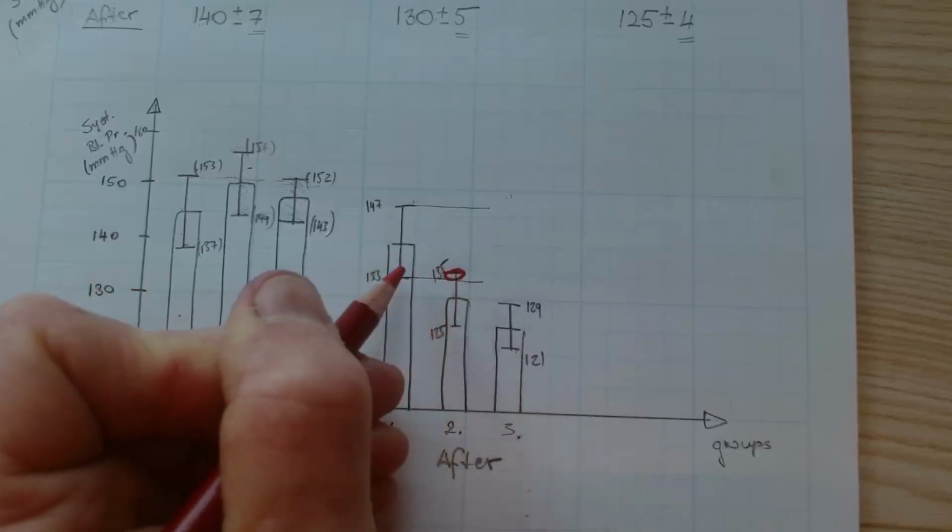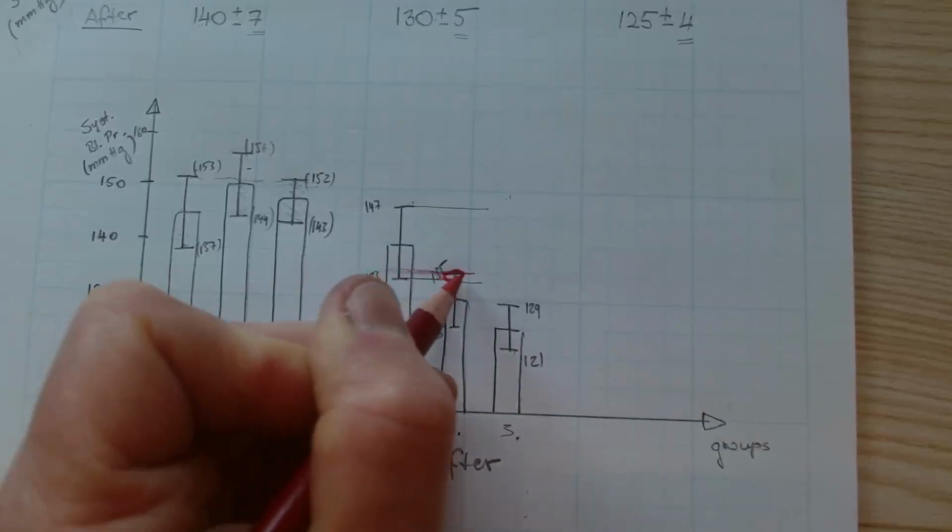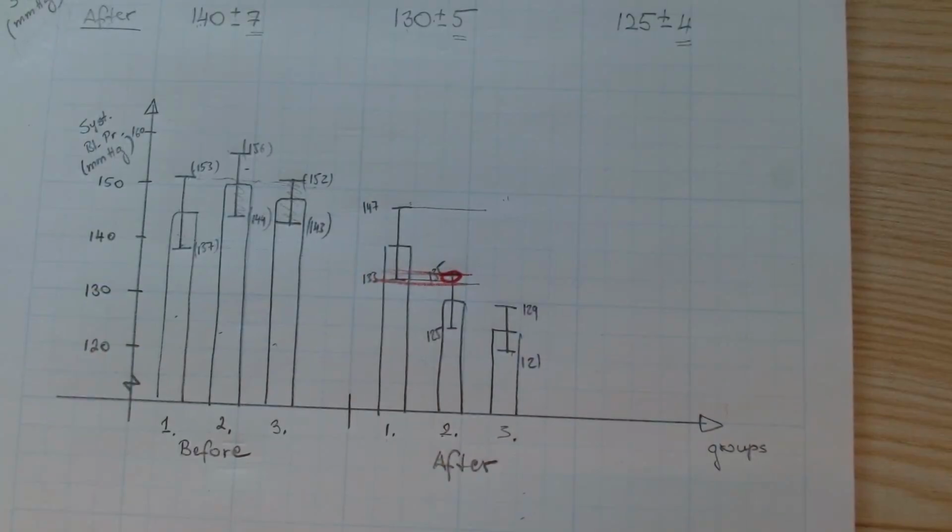This area overlaps with here, so it means that medication 1 does not significantly affect the blood pressure of patients with hypertension, because the error bar overlaps for the two groups.